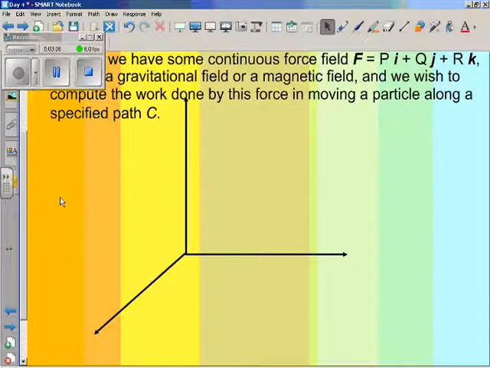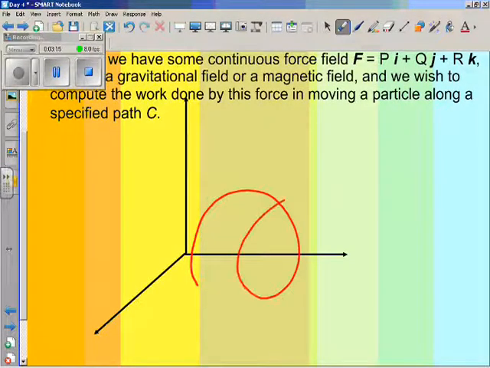Okay, what we have to imagine is a path C that's going through space, just winding through space, maybe going like this. Remember, a vector field assigns a specific vector to every single point.